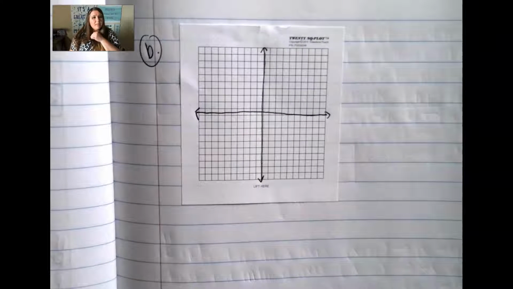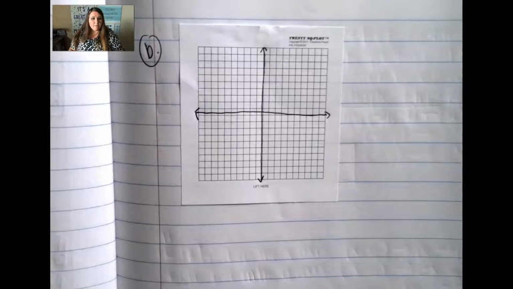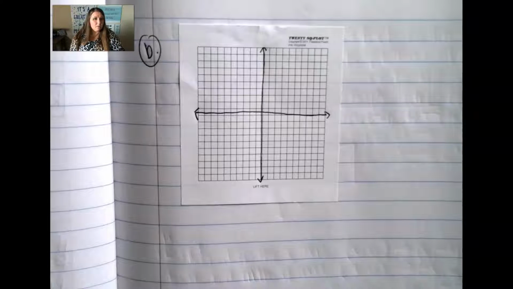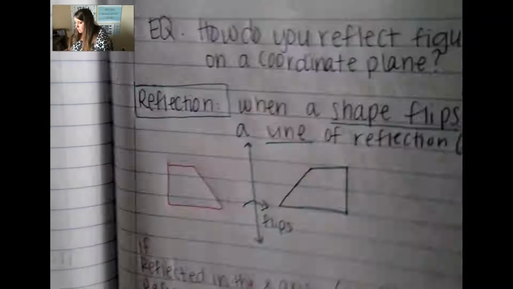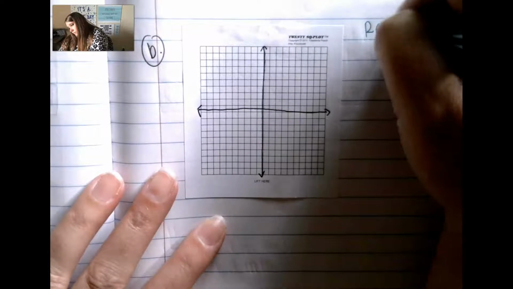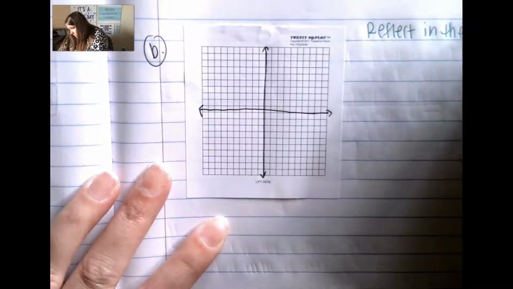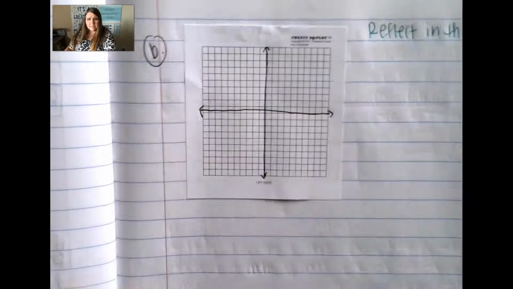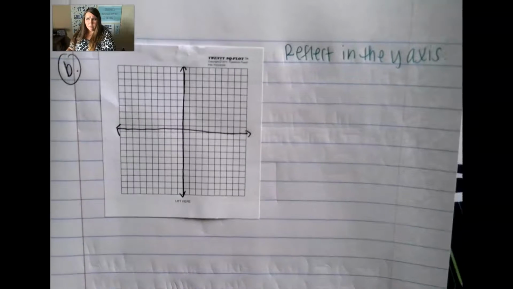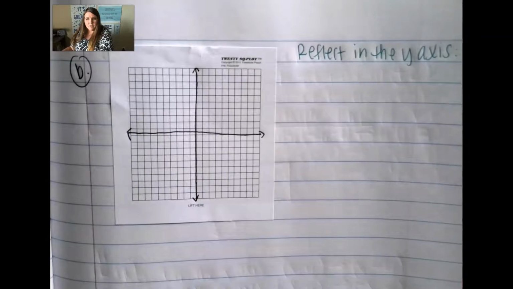Okay, so on this one, we'll do the same points as we did before, but we're just going to reflect over. So here we reflect in the x, here we're going to reflect in the y. All right, so when we reflect in the y-axis, that is way off. There we go. I don't know why my stuff's not fitting on the page today.